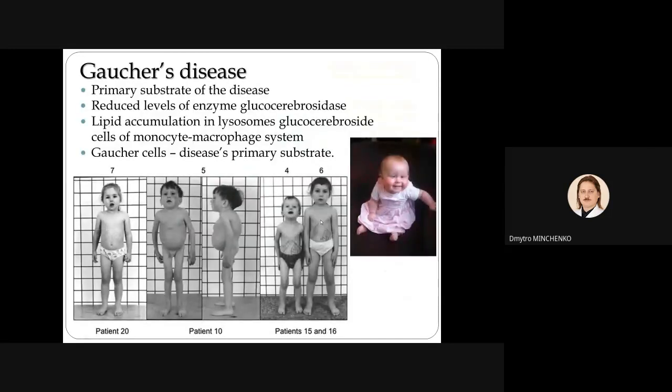Let's move on. Diseases associated with lipid metabolism. A disorder of lipid metabolism can cause, for example, Gaucher's disease.